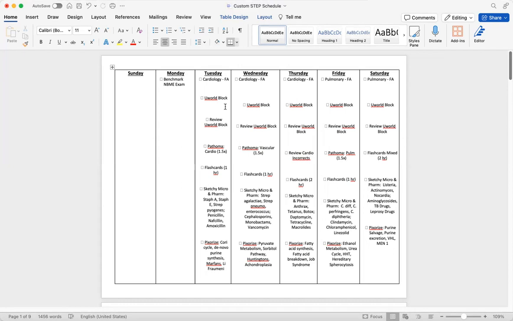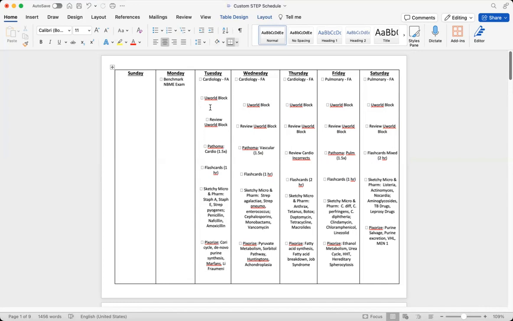So, for example, if cardiology had 30 pages in the entire chapter, I was going to be studying 10 pages of cardiology each day in order to finish the chapter in 3 days. I would also follow that up after reading my 10 pages first thing in the morning with a UWorld block.